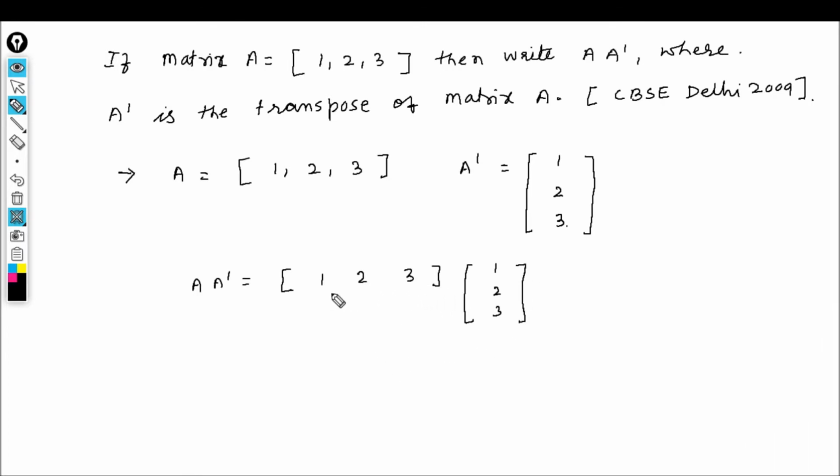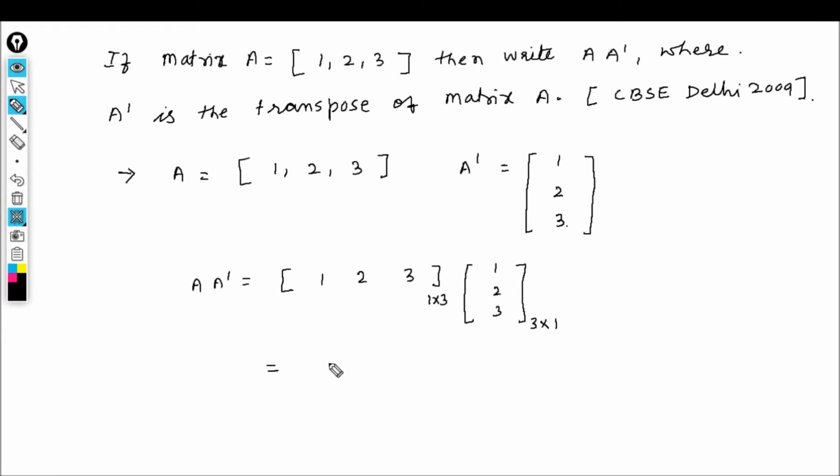So this is 1 by 3 मैट्रिक्स, 3 by 1 मैट्रिक्स. तो देखिए बच्चों, यहाँ पर नंबर ऑफ कॉलम्स ऑफ फर्स्ट मैट्रिक्स must be equal to number of rows of second matrix. Then only multiplication of two matrices is defined. So let us multiply.